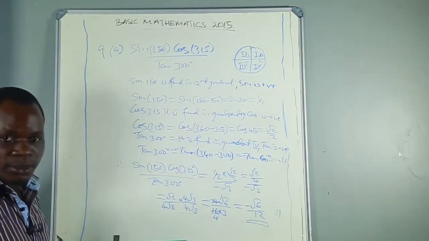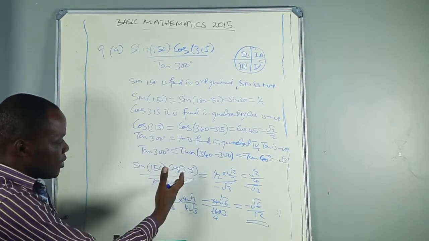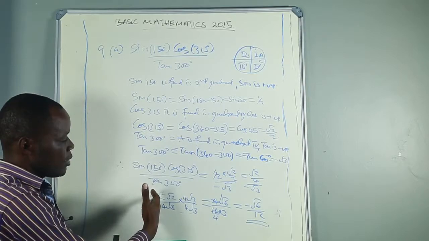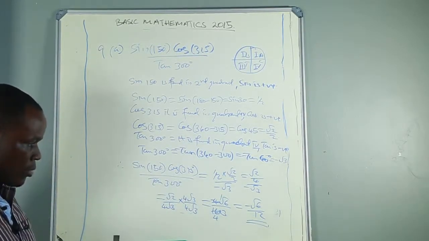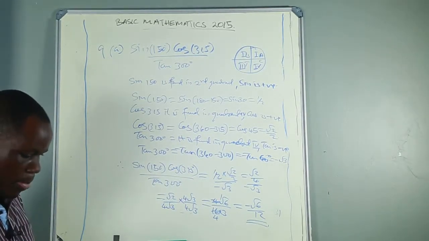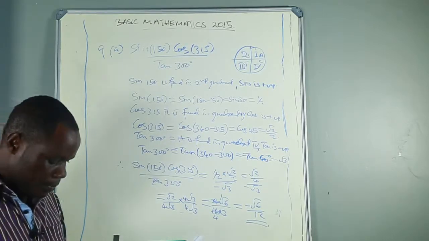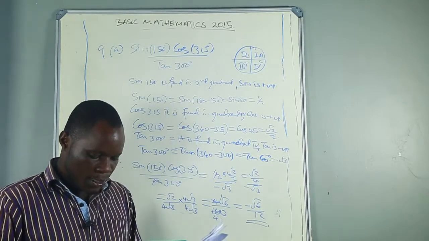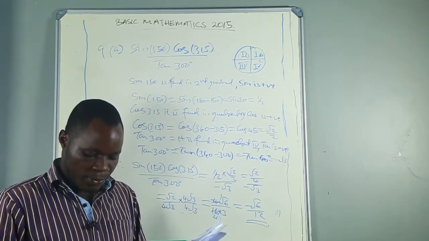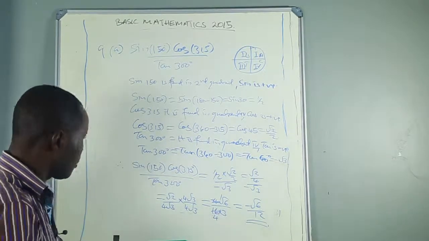So the value is negative square root 6 over 12. Then part B: calculate the angles of a triangle which has sides 4 meters, 5 meters, and 7 meters.